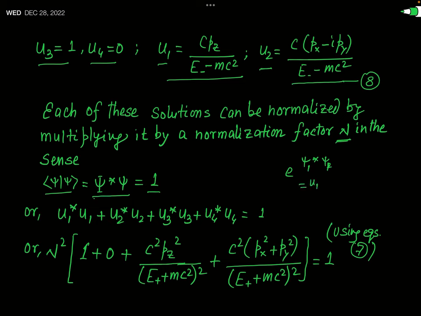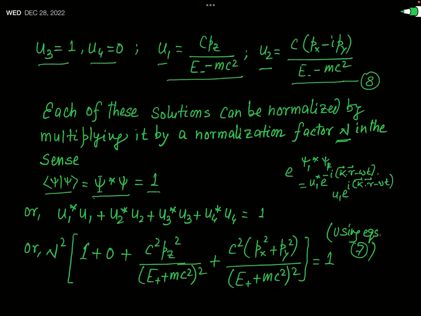Psi1 star will be u1 star e to the power minus i (k dot r minus omega t), when you take the complex conjugate, and that multiplies psi1, which will be u1 into e to the power i (k dot r minus omega t).